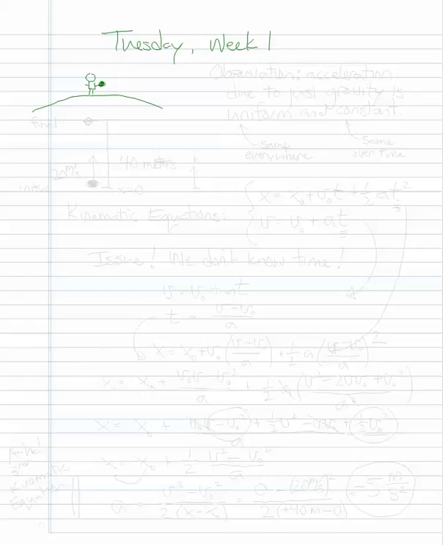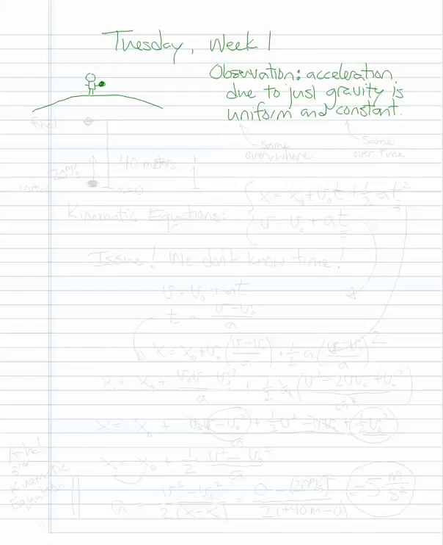And we used the fact, the observation really, that we'll come back to in this class, that the acceleration due to gravity alone is uniform and constant.